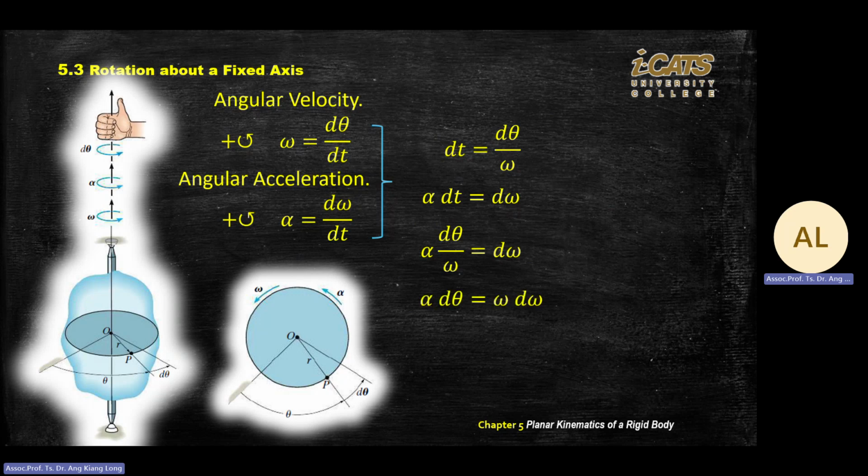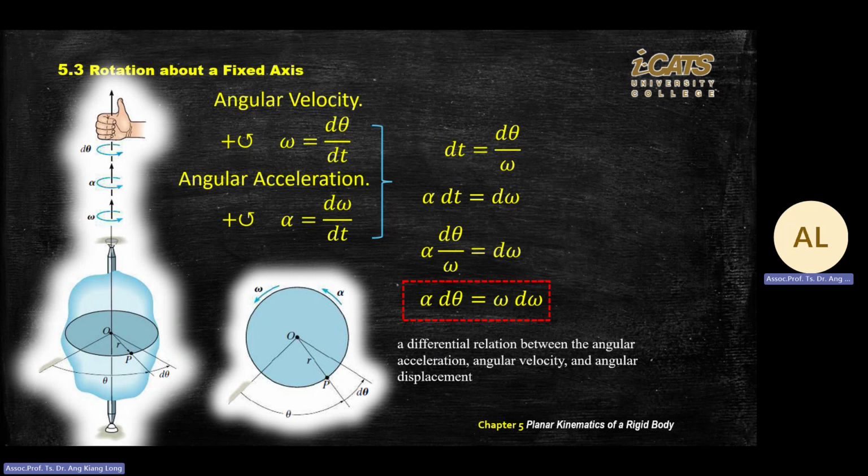You arrive at a linear form. Alpha d theta equal to omega d omega. This is just a derivation, but you can memorize it later. So this is another new equation for angular motion.